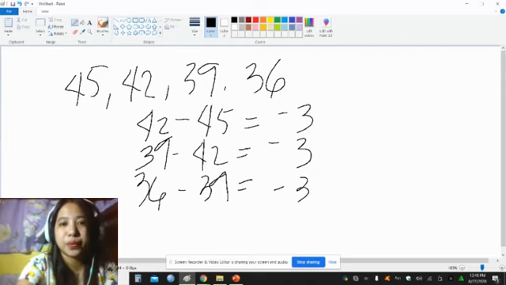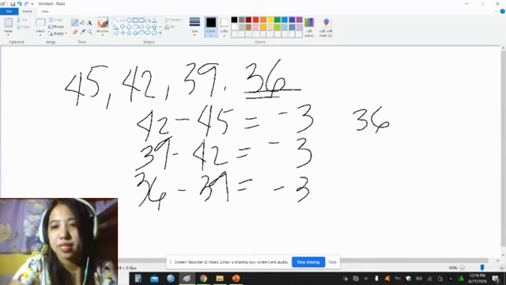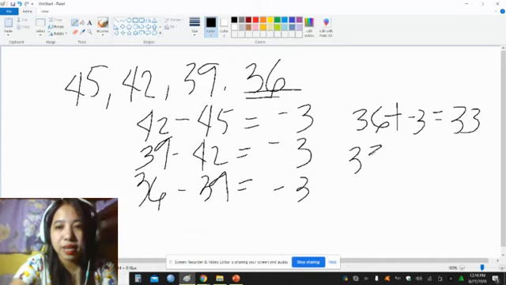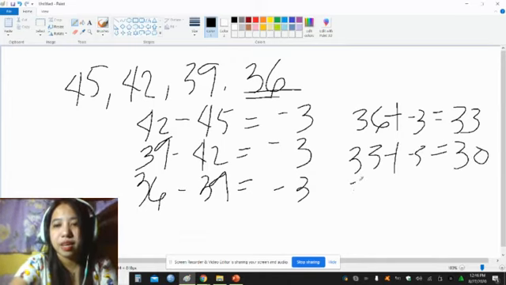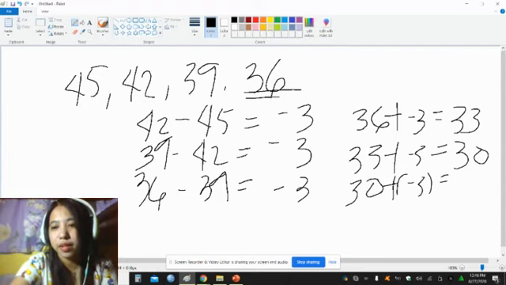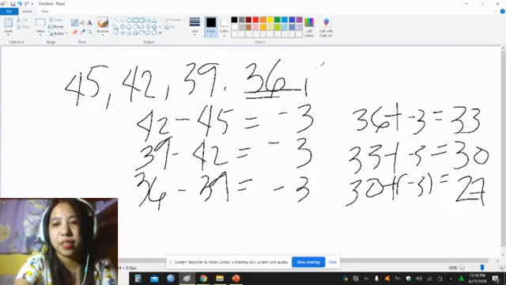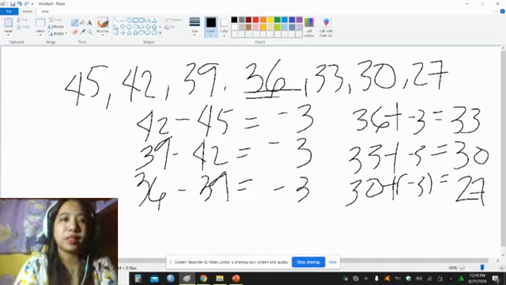Let's start with 36. 36 plus a negative 3 is equal to 33. 33 plus a negative 3 is equal to 30. 30 plus a negative 3 will give you 27. So the next three numbers are 33, 30, and 27.